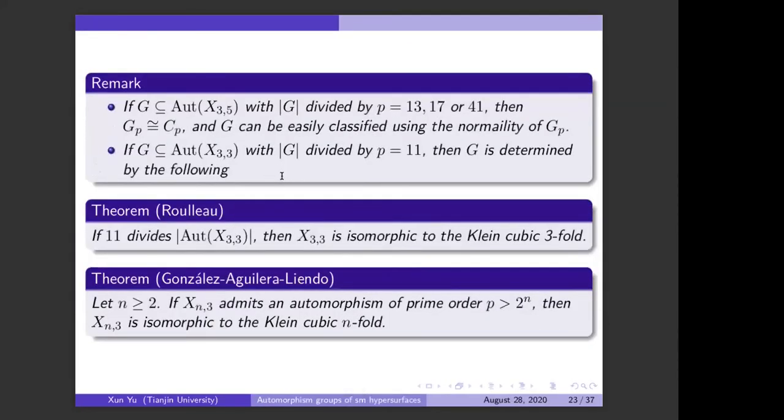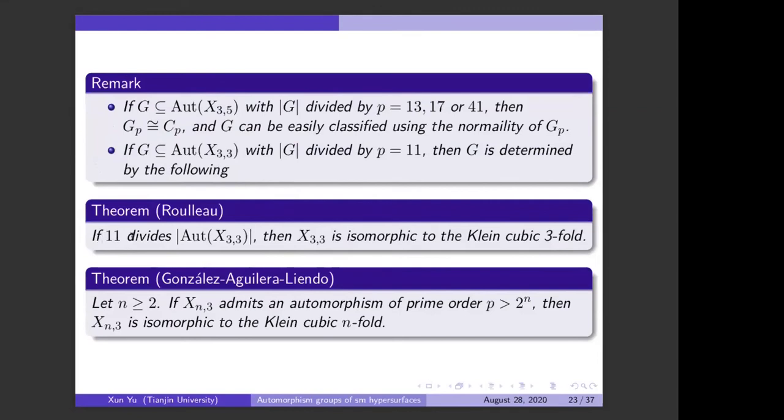Okay, so for the cubic case, how do we treat the cases involving large primes? Actually, this is just like the quintic case I just mentioned. In the cubic case, the large prime is 11. In this case, fortunately, we have the following result.